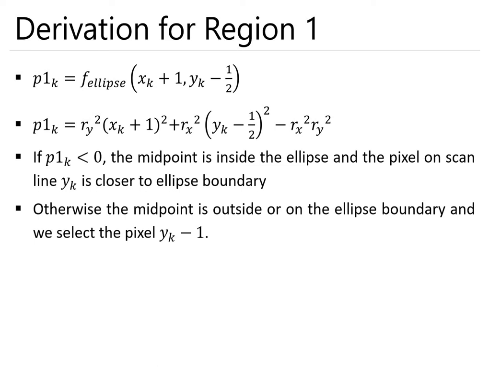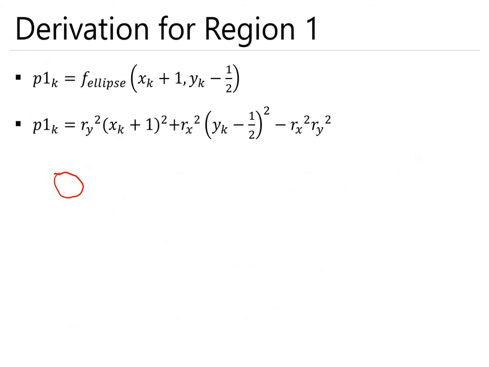Otherwise, the midpoint is outside or on the ellipse boundary, and we select the pixel yk minus 1. So if p1k is less than 0, we will choose yk, the same line, and otherwise we will go to the bottom one.